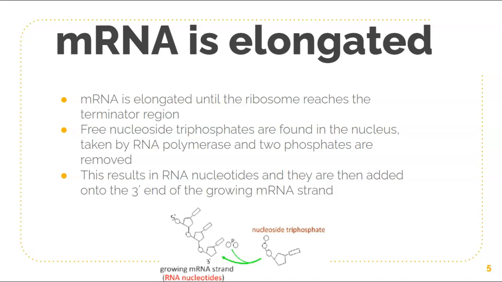And so then all these free nucleoside triphosphates are found in the nucleus, taken in by RNA polymerase, and 2 phosphates are removed from that. When they are removed, they are then added onto the 3' end of the growing mRNA strand. And you can see that you are just continuously removing phosphates, adding these nucleotides together, and you are building this mRNA strand, which will then leave the nucleus and go out into the cell itself.